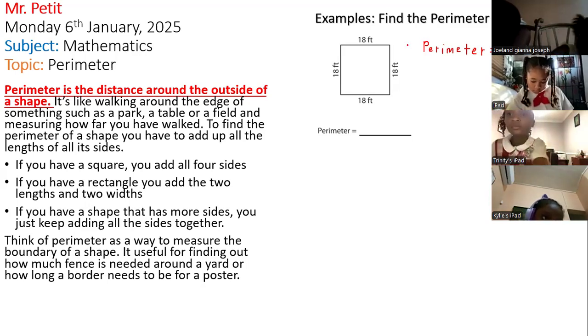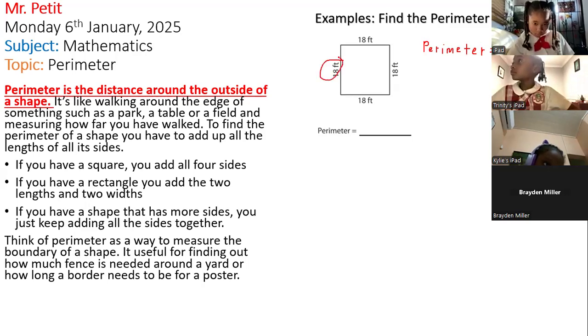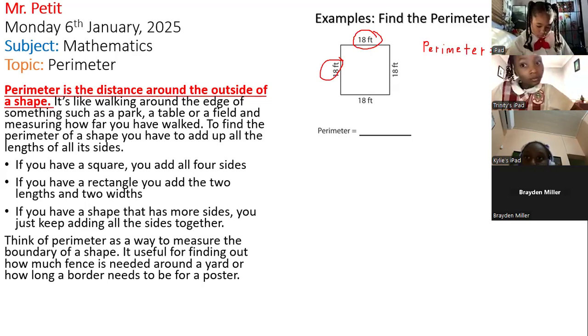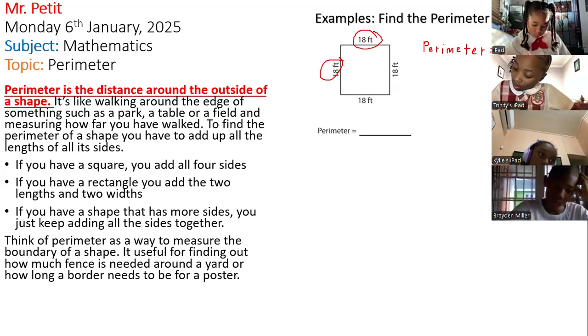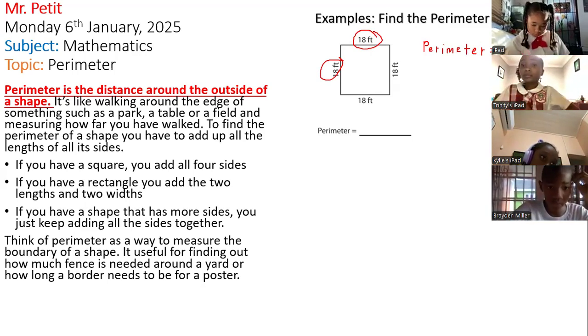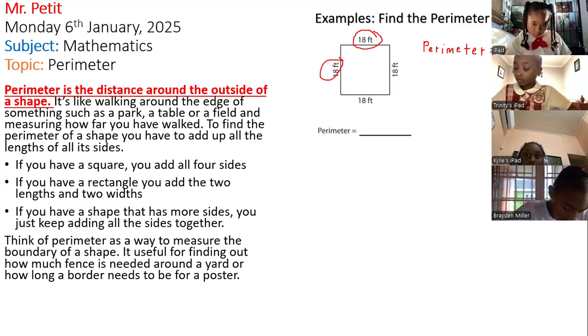The first 18 feet comes from here, the second one comes from here. So we have to add 18 feet how many times? 4 times. Anyone got the answer yet?